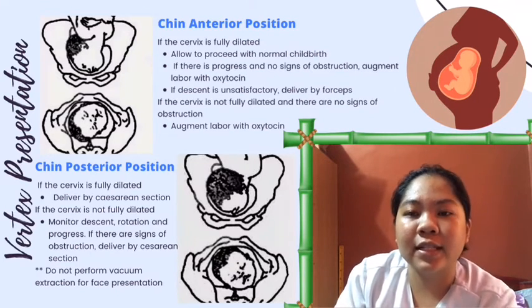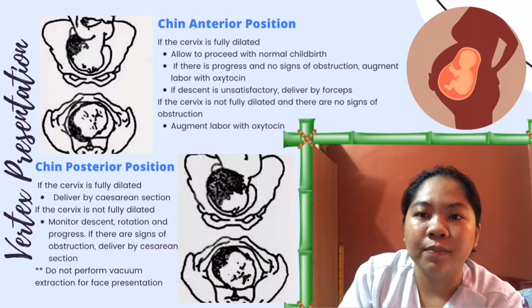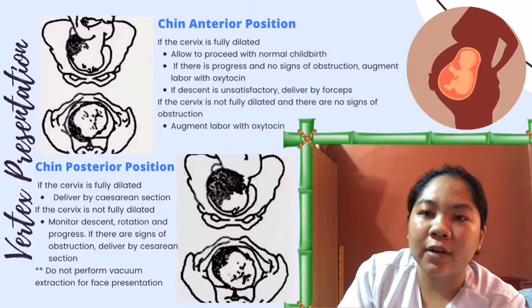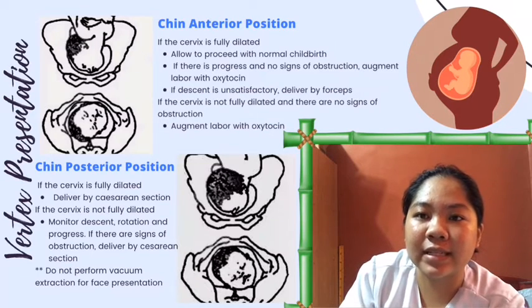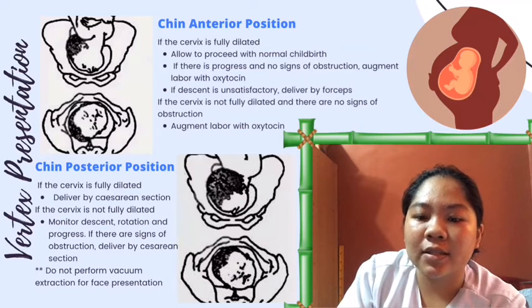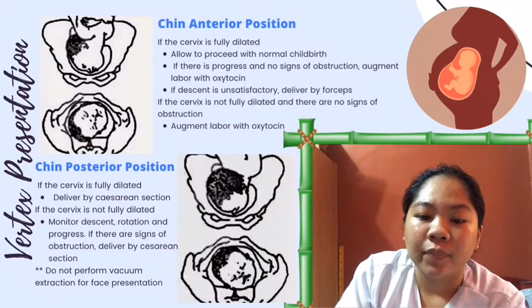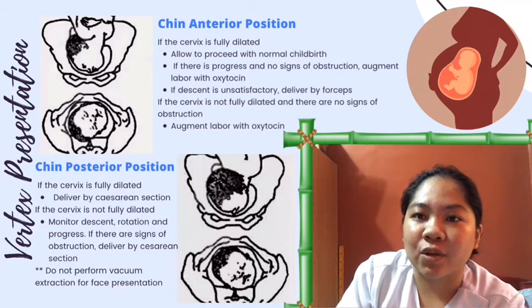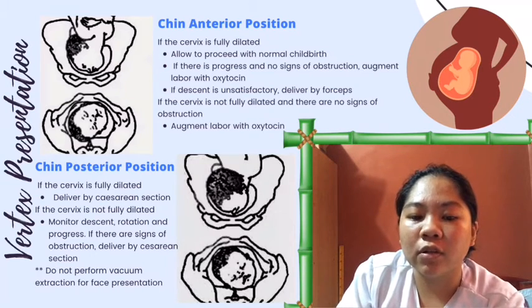For the chin posterior position, if the cervix is fully dilated, deliver by cesarean section. If the cervix is not fully dilated, monitor descent, rotation, and progress. If there are signs of obstruction, deliver by cesarean section. Do not perform vacuum extraction for face presentation.